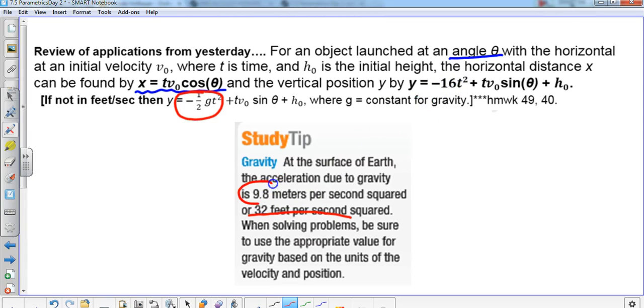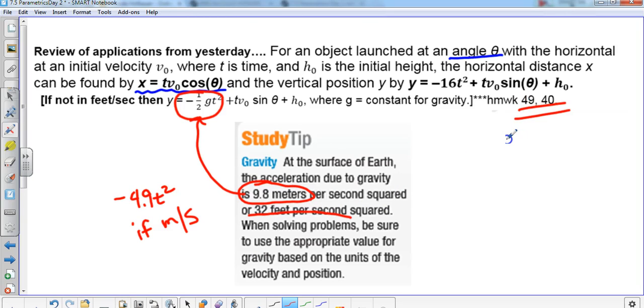Later on, we're going to do a question that has 9.8 meters. So if you're in meters per second, -1/2 times 9.8 is actually -4.9 t squared. I gave you that on your paper, didn't I? A little box about that. And you need that for these two homework problems. They are in meters per second, not feet per second.